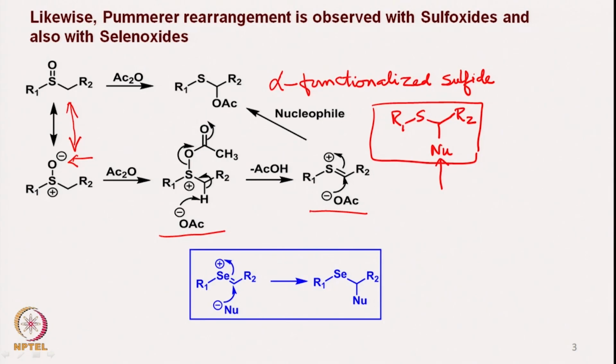And now depending on the chemistry that one can think about of this sulfide, one can prepare a number of important target molecules. So, this kind of sulfoxide based Pummerer rearrangement followed by nucleophilic attack as well as selenium based Pummerer rearrangement followed by nucleophilic attack is an important development that we discussed last time.